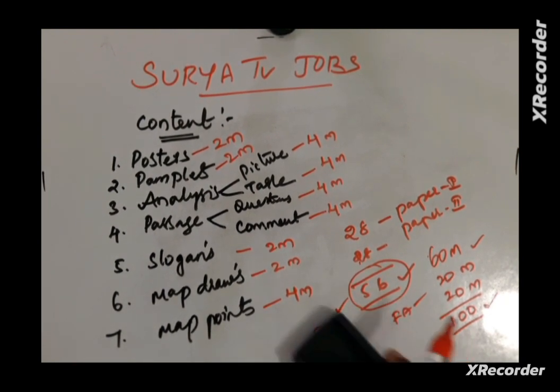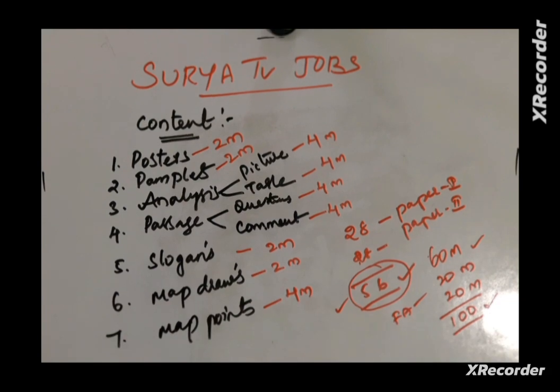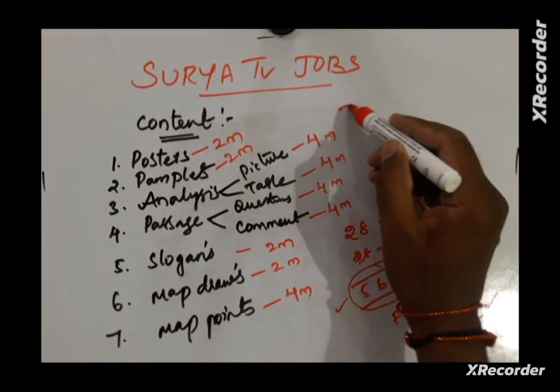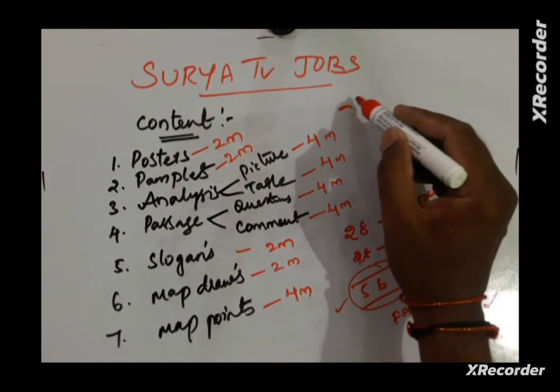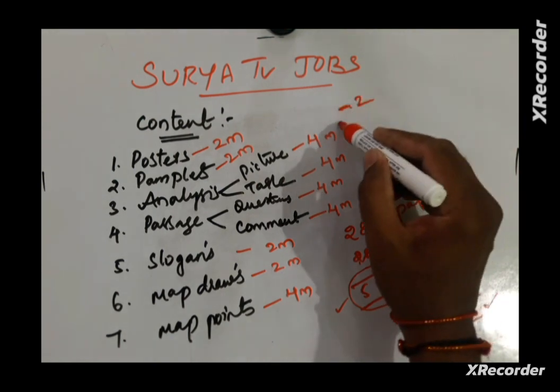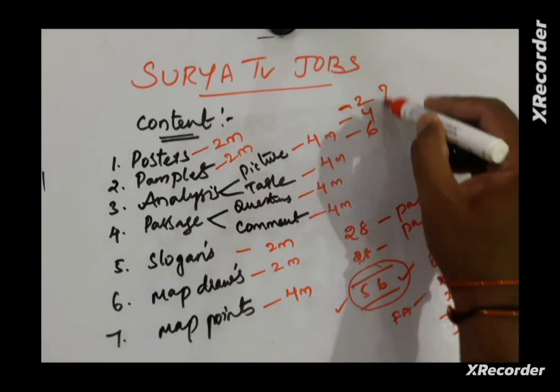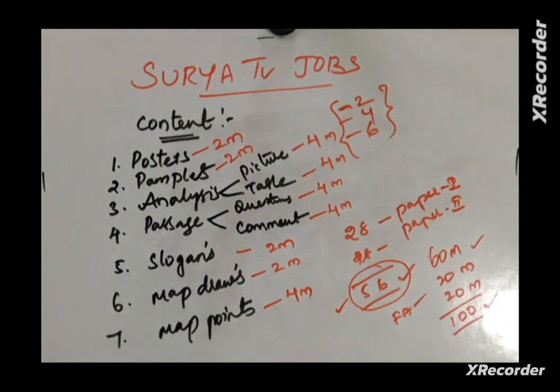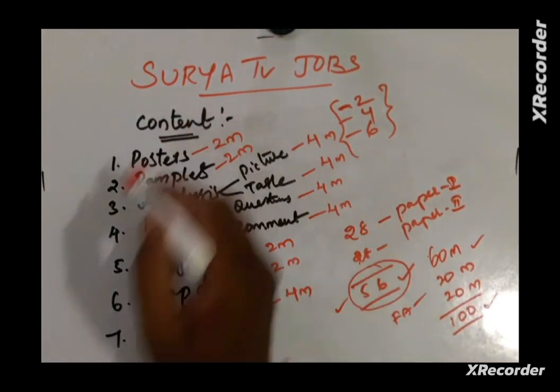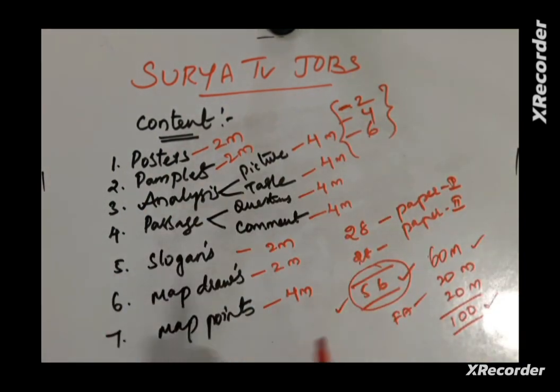The reason is these types of questions: without these types of questions, no question paper will come in the exam. Whatever the marks have changed, without this area, no question paper will come.